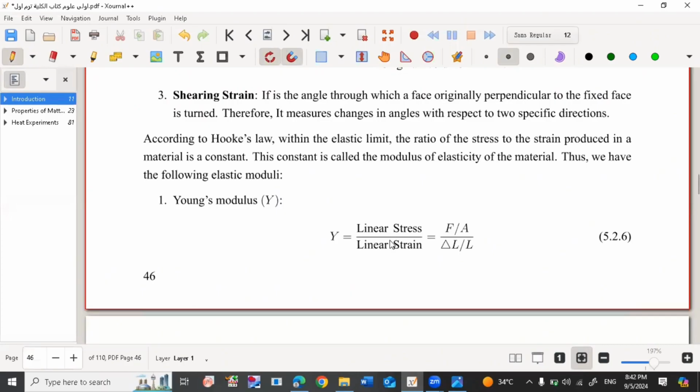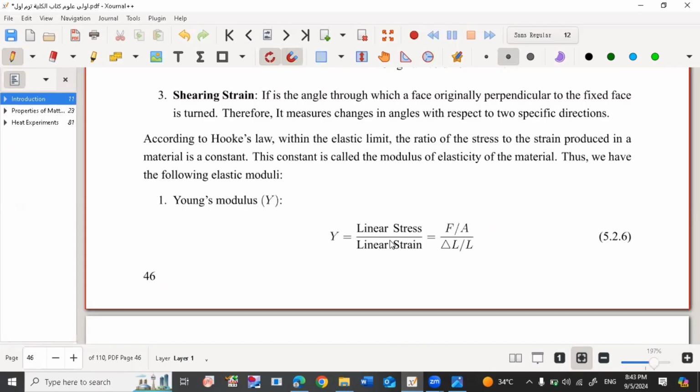So what is Young modulus? Young modulus, or the modulus of elasticity of a material, may be classified into three branches. The first is Young modulus, and Young modulus equals the stress over strain, but it's related to the longitudinal or one dimension.